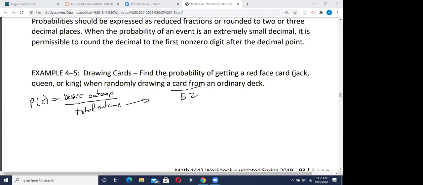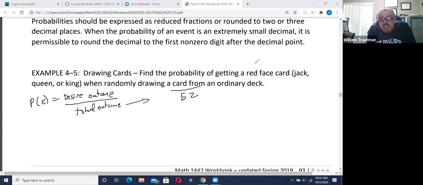But somebody said red face card. There are 6, because we have hearts and diamonds that are both red. So there's a Jack of Hearts, a Queen of Hearts, and a King of Hearts, a Jack of Diamonds, a Queen of Diamonds, and a King of Diamonds.